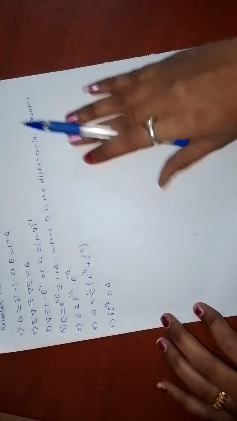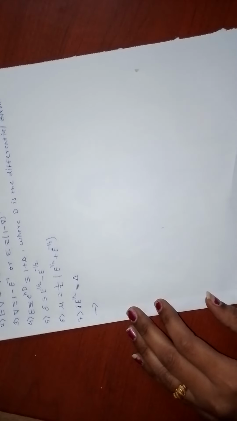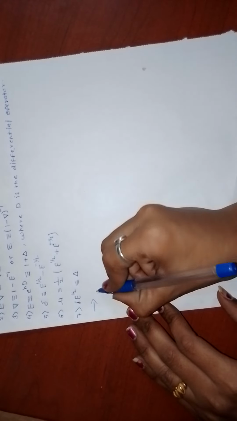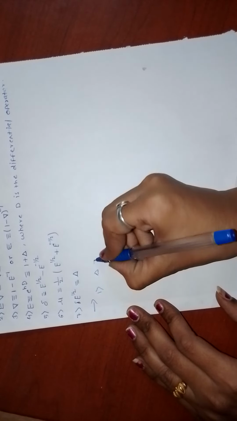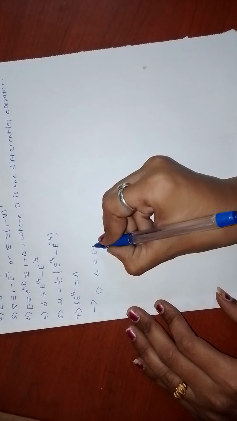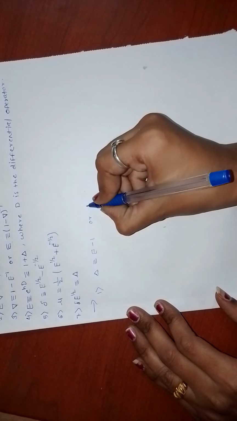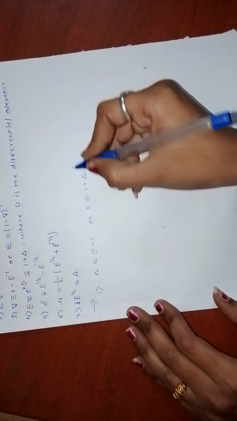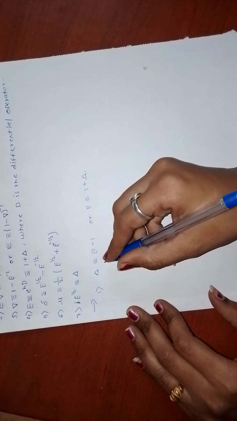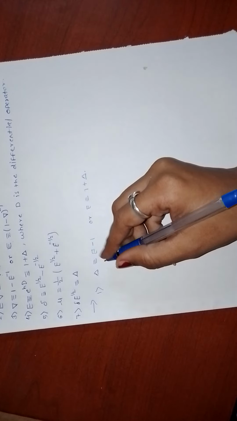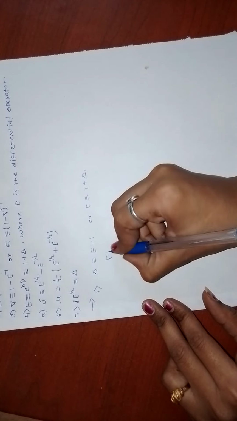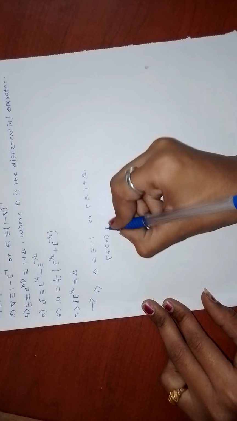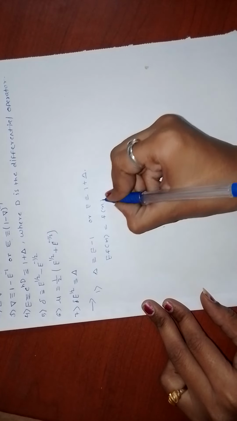First one is, first we have to prove that delta is congruent to E minus 1 or E is congruent to 1 plus delta. For this we know that E f of x is f of x plus h.